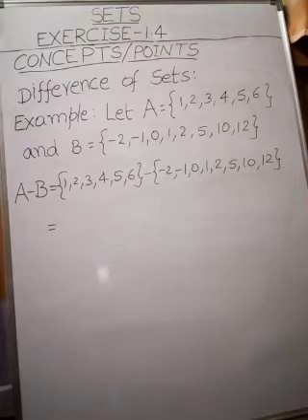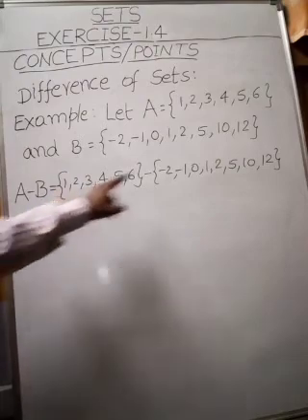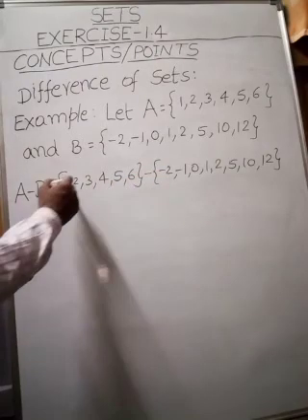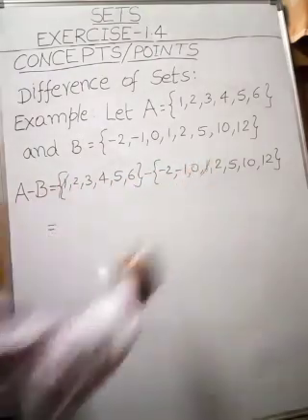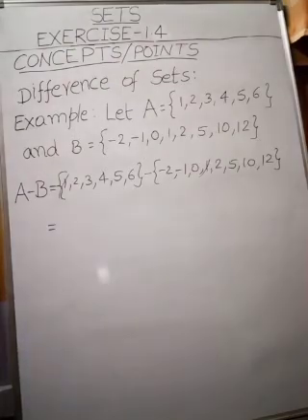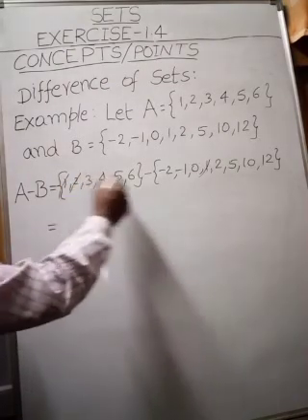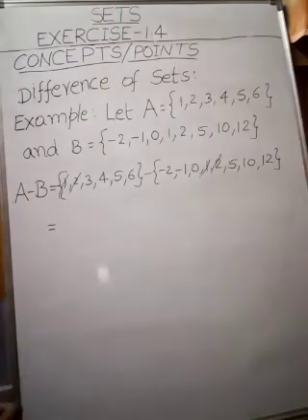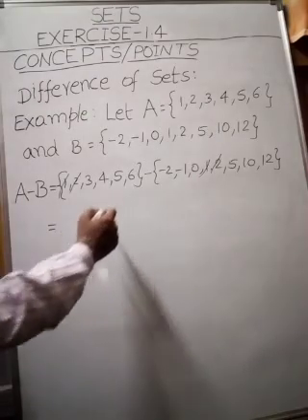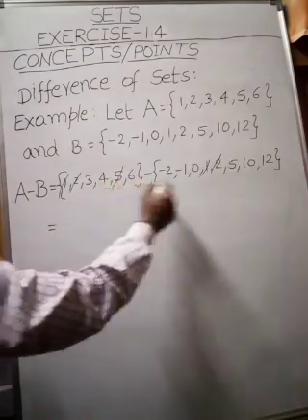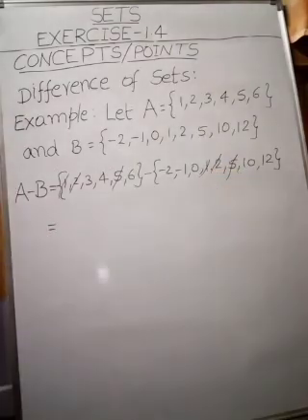Now, we have to identify the common elements in both A and B. One is a common element, then strike out one here, one. Strike out the common elements in both the sets. 2 is common element here, 2 is common element, and here 5 is a common element, here also 5 is a common element.